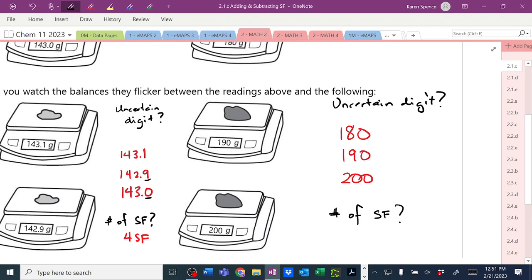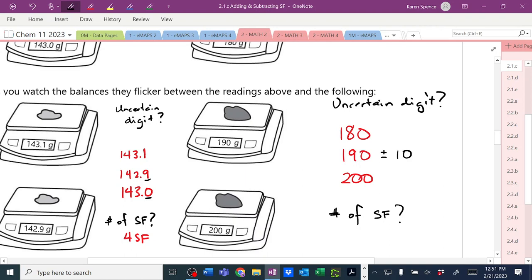What do you guys think? Who's the uncertain digit there? Is it the hundreds? Is it the tens? Or is it the ones? It is the tens, because we have 190 plus or minus 10.